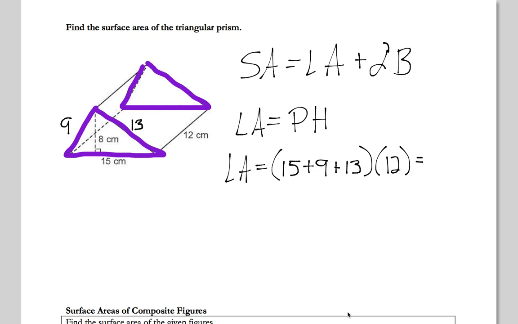So 15 plus 9 plus 13 times 12, we get 444. Capital B, well, since it's a triangle, is going to be base times height divided by 2. So that's 15 times 8 divided by 2, which is 15 times 4, which is 60.